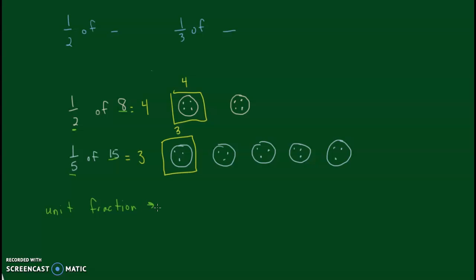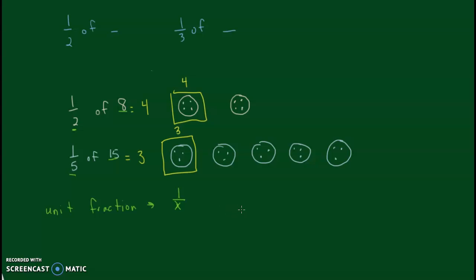And a unit fraction has 1 on top of any number. I'm going to put X to stand for any number. So again, a unit fraction is when you have the numerator of 1 over any denominator. Whenever you have a unit fraction, you can take that whole number and divide it by the denominator.